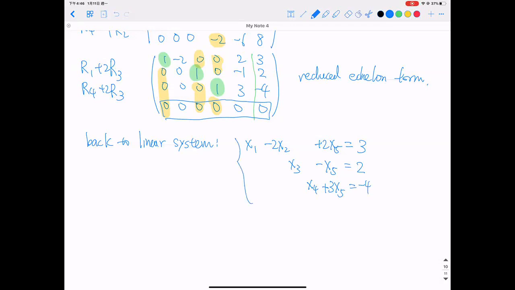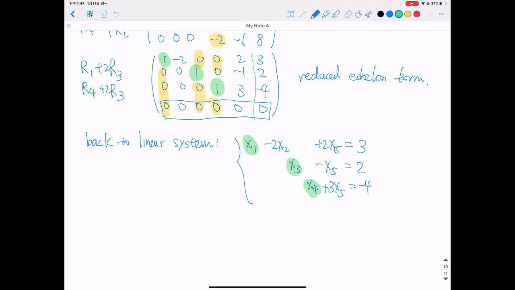And again, the idea for reading off solutions is to take the variables indicated by the leading ones, just move everything else to the right hand side.